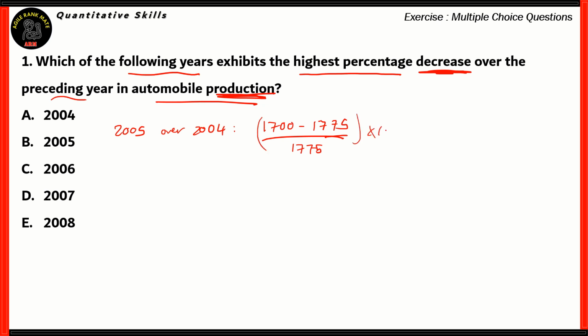And since we have to convert it into percentages, we multiply the whole fraction by 100. So 1,700 minus 1,775 gives you negative of 75, and the denominator is still 1,775, times 100. So what we have to do is basically 75 over 1775.